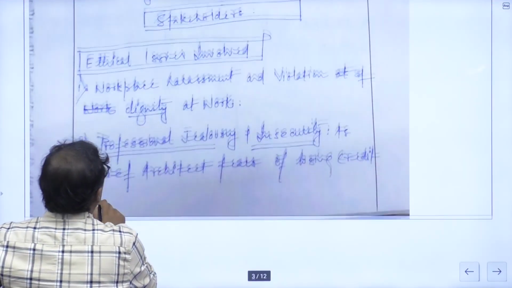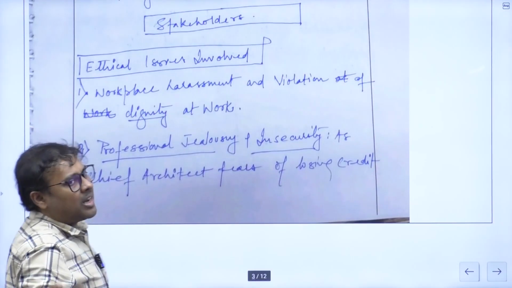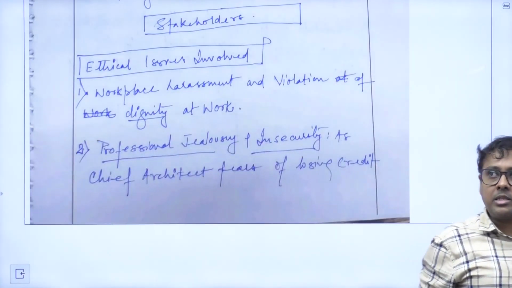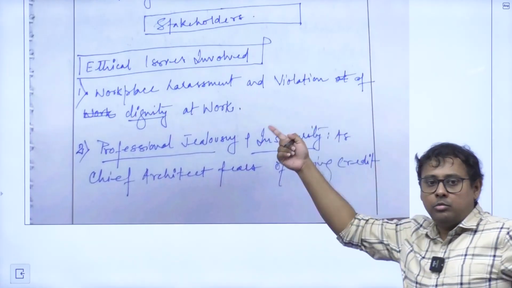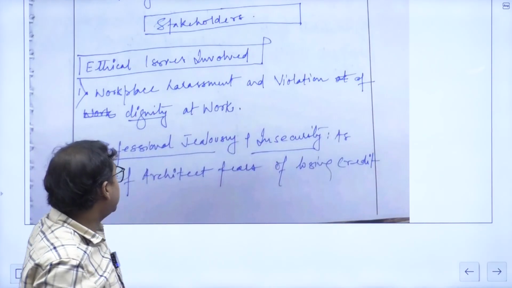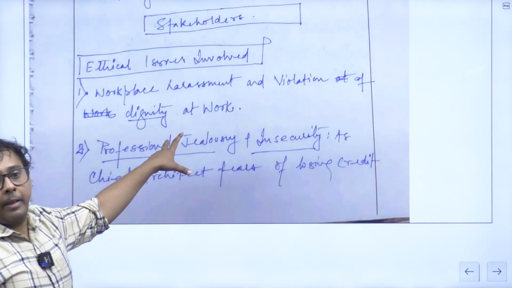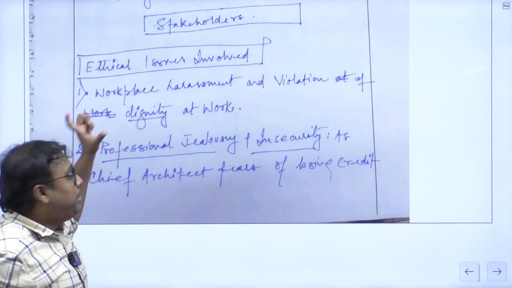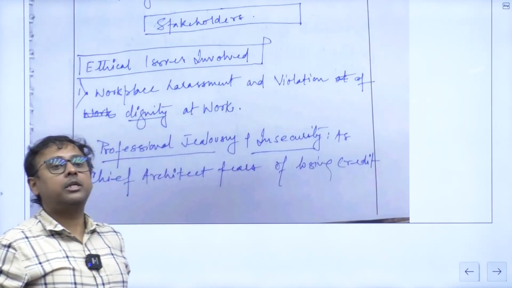Now coming to ethical issue. There are two ways to approach ethical issues. One way is to mention the issue and associate the ethical issue with it. The other way is to come directly to the point. I would suggest being very precise when you are mentioning the ethical issue.